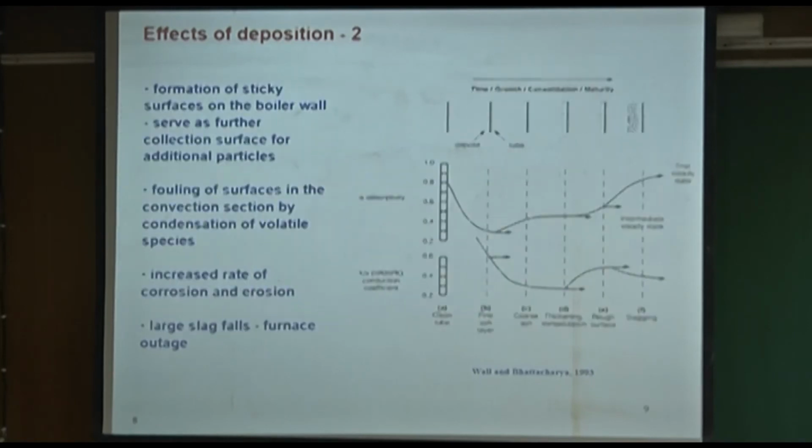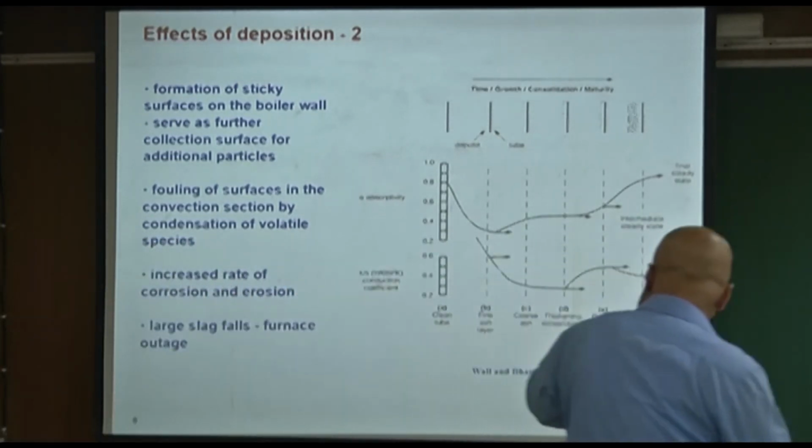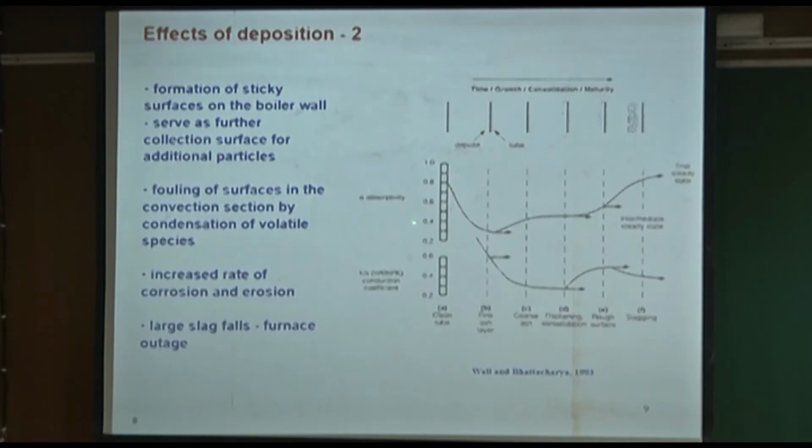So this was from my PhD time. We did this with Terry Wall. What we're trying to show here is that you have the clean tube to start with, and then how these deposits actually grow, which we postulated and then proved. You first get a deposit on the clean wall.